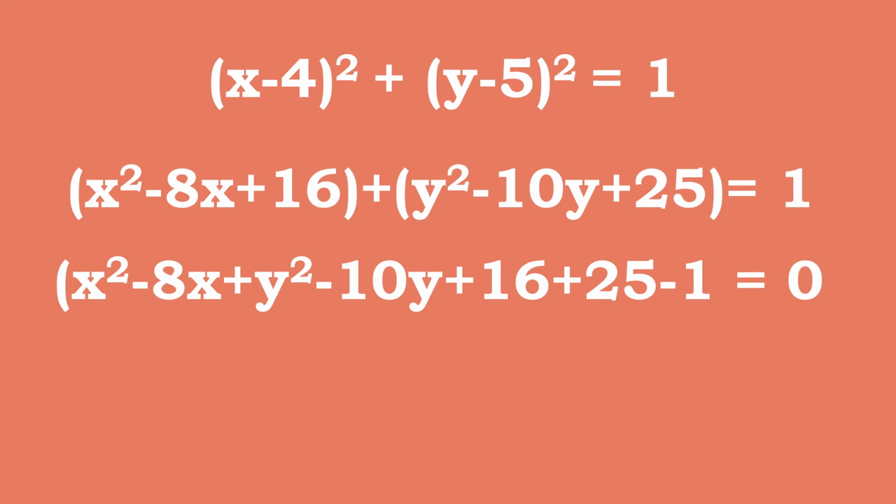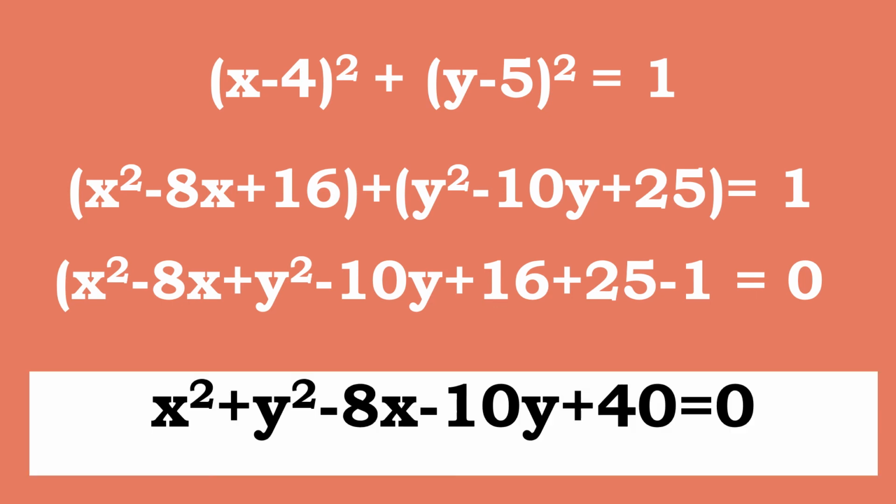So, una si x^2, sunod si y^2, sunod si negative 8x, sunod si negative 10y, tapos yung constant natin after you add 16, 25, and minus 1. So, you'll have x^2 + y^2 - 8x - 10y + 40 = 0.